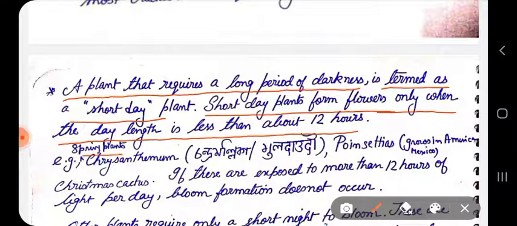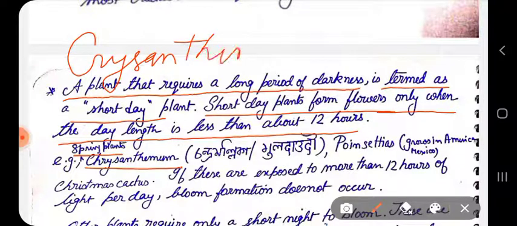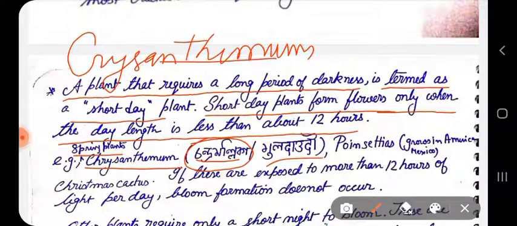Like the spring plants, chrysanthemum. In Bengali, we call chrysanthemum Chandramallika. In Hindi, we say Guldaudi.